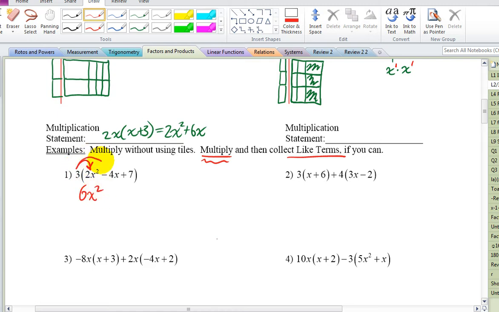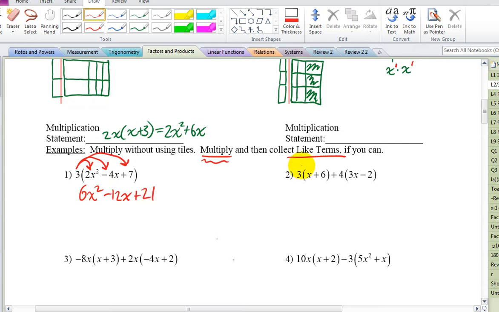Now I did that, so then I use my arrow and do that again. 3 times negative 4x, negative 12x. And the last one, 3 times plus 7, plus 21. There's your answer. The arrows help you remember what's happening with your multiplication.